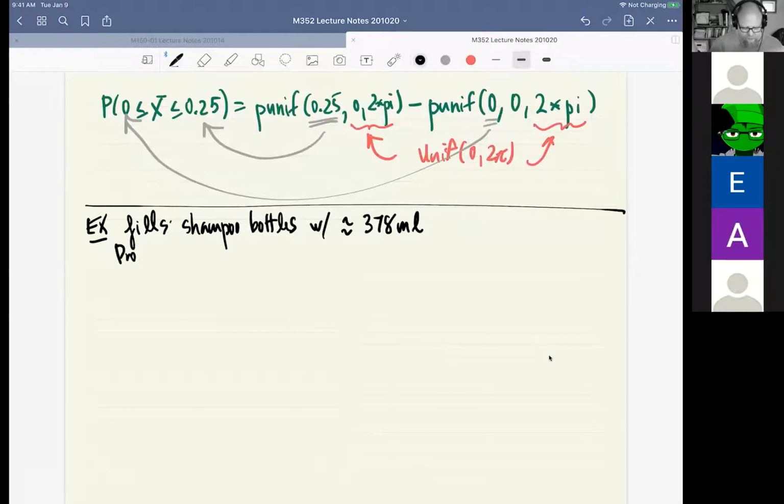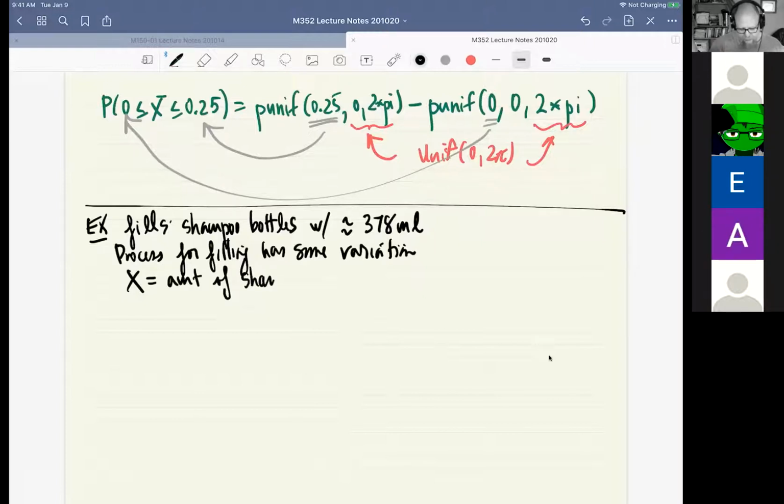The process for filling has some variation. And if you call x the random variable that is the amount of shampoo in a bottle, x is distributed uniformly on the interval from 374 to 380.